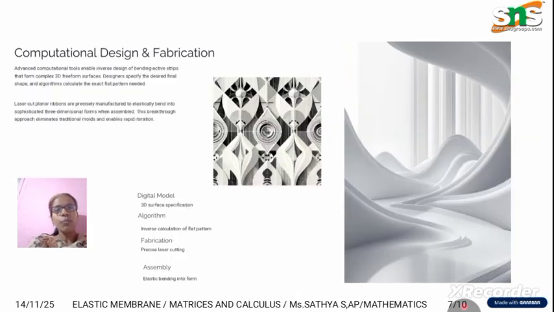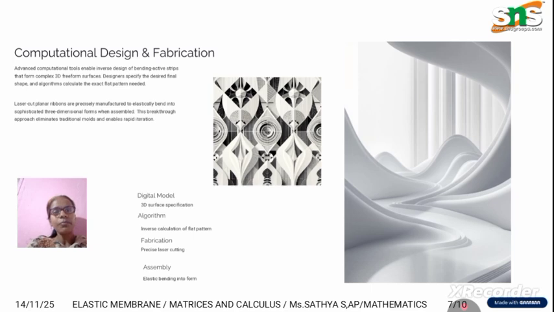The next thing is computational design and fabrication. Advanced computational tools enable the inverse design of bending-active strips that form 3D freeform surfaces. Designers specify the shapes and the algorithm calculates the exact pattern needed.